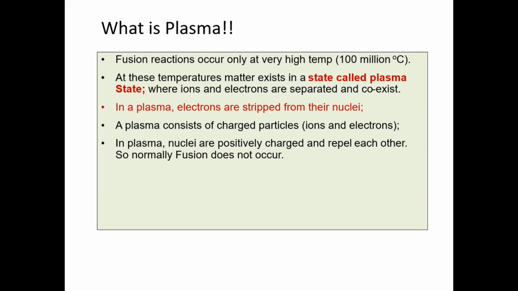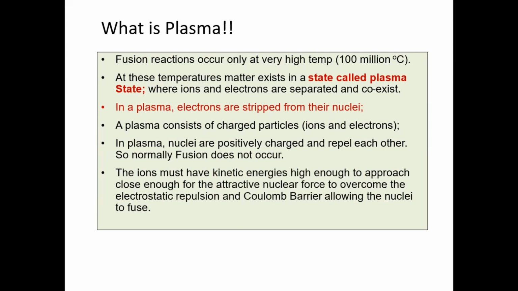Plasma has positively charged nuclei, and they repel each other, so normally fusion does not happen. Ions must have the kinetic energy high enough to approach close enough for the attractive nuclear force to act on them and to bind them and to overcome the electrostatic repulsion.